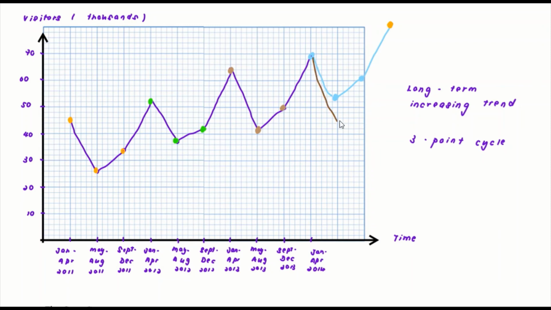If I try to draw like this, I'm still going up, I think it still follows this trend, am I right? So how should I decide which one is the best one to draw? You get what I mean? I still follow this pattern, but I wouldn't know how much I should increase, how much I should decrease, and so on. So it gives me a very difficult situation when I want to use a linear regression model, which is y equals mx plus c, to help me get the prediction.